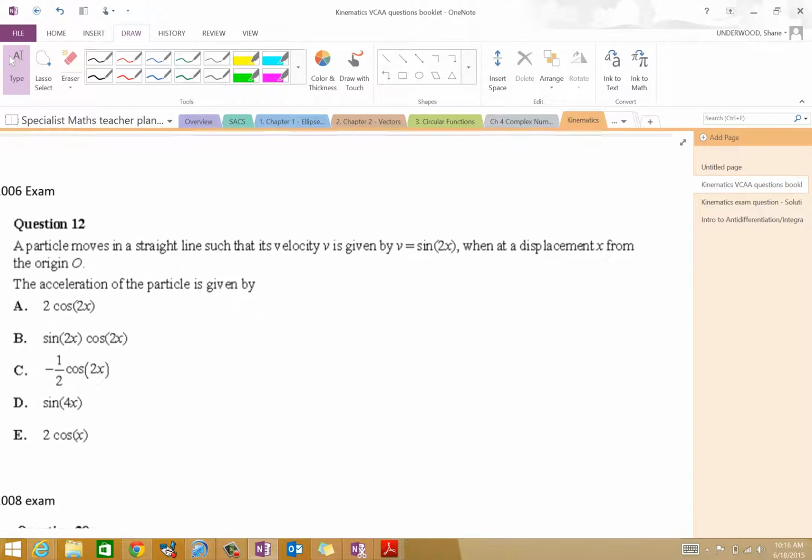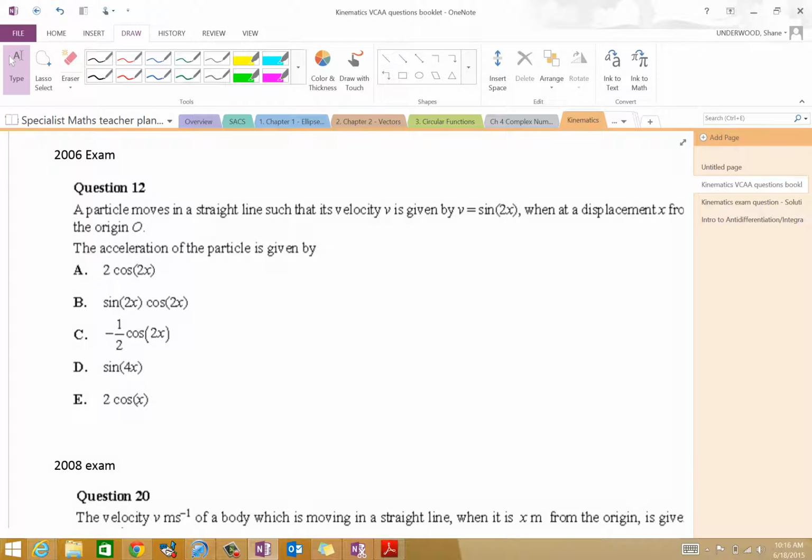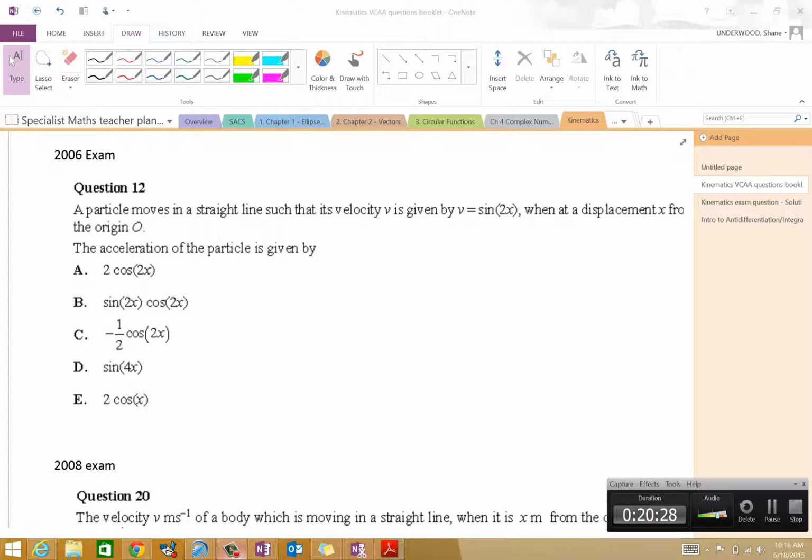Let's do this one. All right. Now, this is from 2006. You have a CAS calculator from 2006. There is no point doing any practice exams prior to 2006.